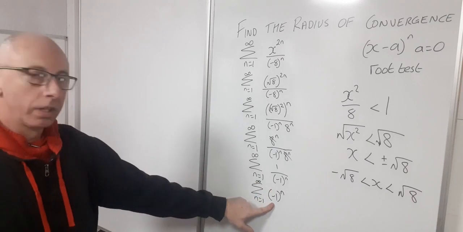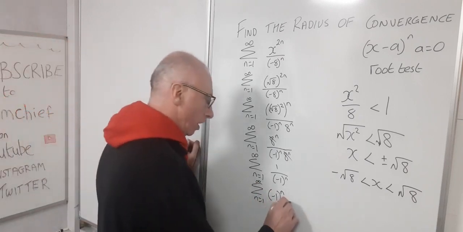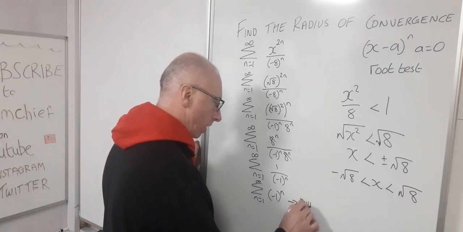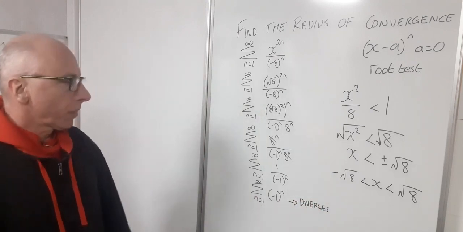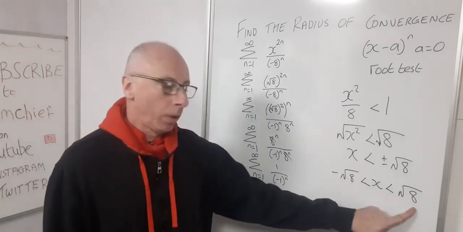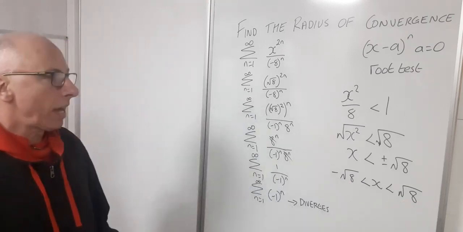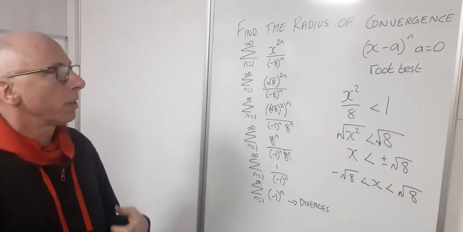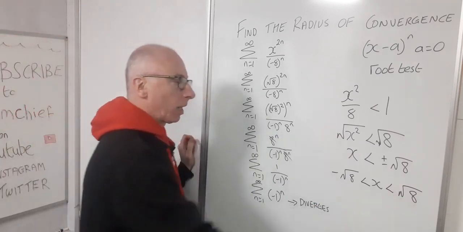Now we know that this series here diverges. That's a well-known alternating series. So this point, in particular square root of 8, we know is divergent. Therefore, we need to be inside square root of 8. We don't need to include it.